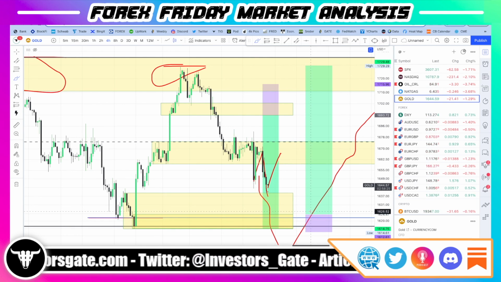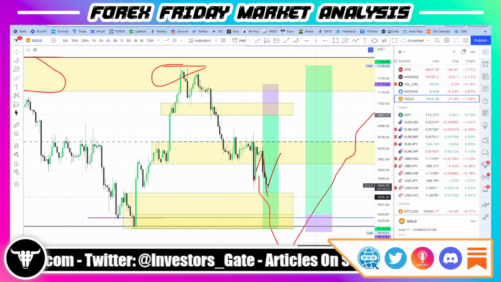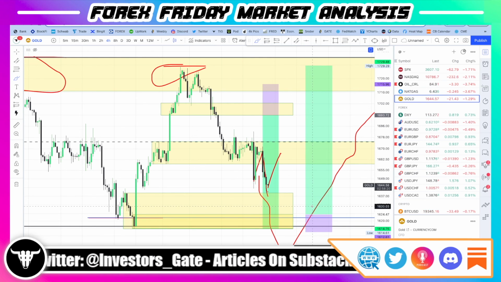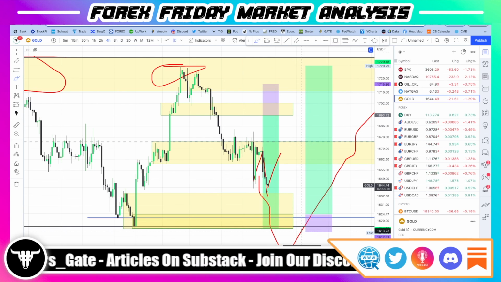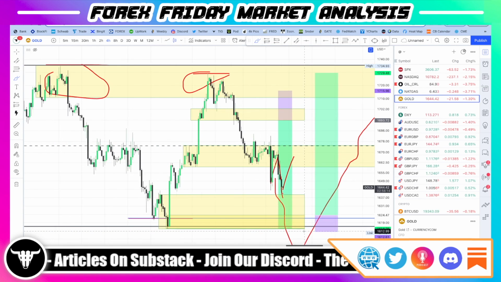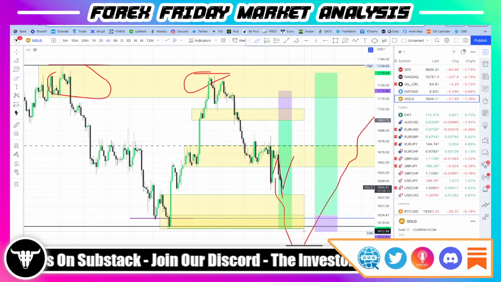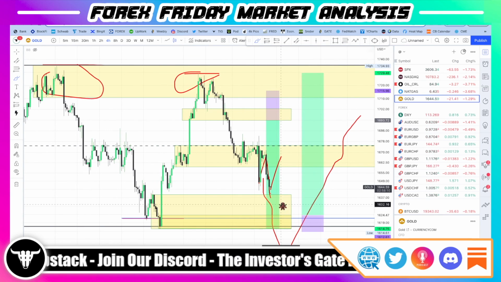Because if you find these lower time frames confluent with higher time frame demand zones, it makes it easier to keep the higher time frame take profit but maintain a lower time frame stop loss, which obviously increases your risk to reward. So I would definitely be eyeing for that.